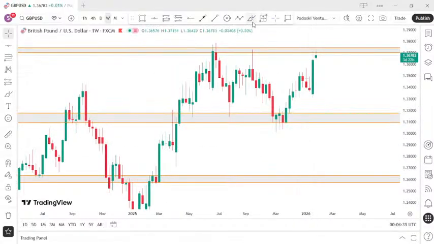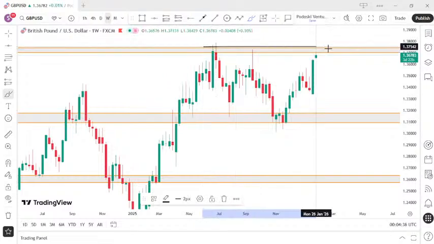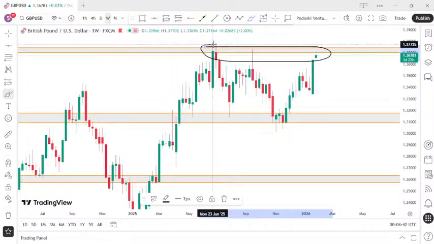But you should take note that price is at a resistance zone, and we do not sell at resistance. We buy at demand and sell at resistance. But since we are looking for buying opportunity and the market is already at a resistance zone, what you are going to do is wait for the market to come to a demand zone before we buy.